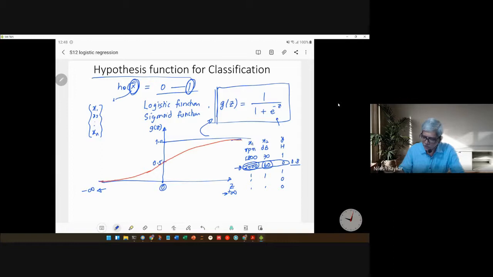Another case would be if you get the value 0.2 when you supply these numbers to your logistic function. It means the probability of this sample belonging to class 1 is 20%, which means there is an 80% chance that this sample belongs to class 0.